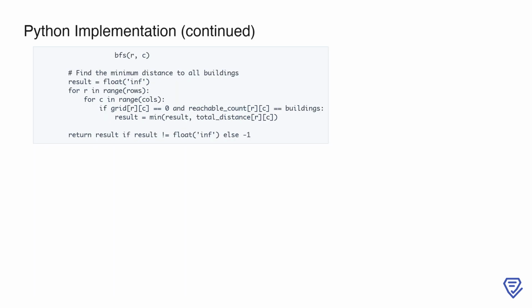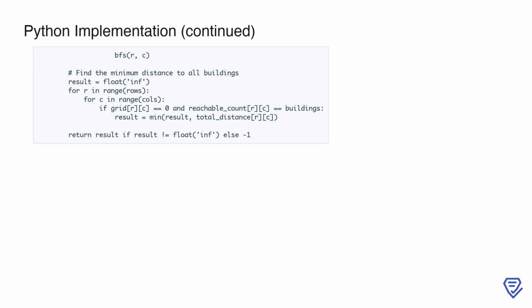Once the BFS has been executed for all buildings, we need to determine the minimum distance from an empty land cell to all buildings. To do this, we initialize a variable result with infinity, which will store the smallest distance we find. Then, we iterate over every cell in the grid. If a cell is empty land, and its reachable_count matches the total number of buildings, it means this cell can access all buildings.